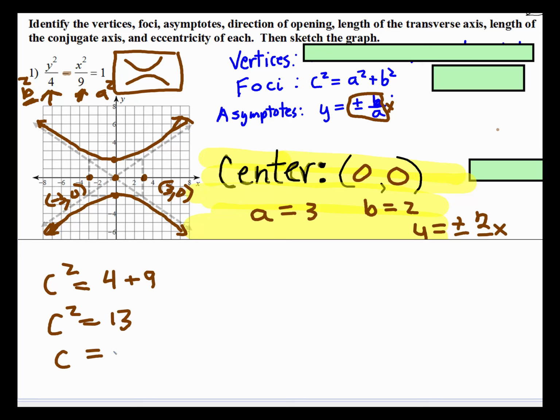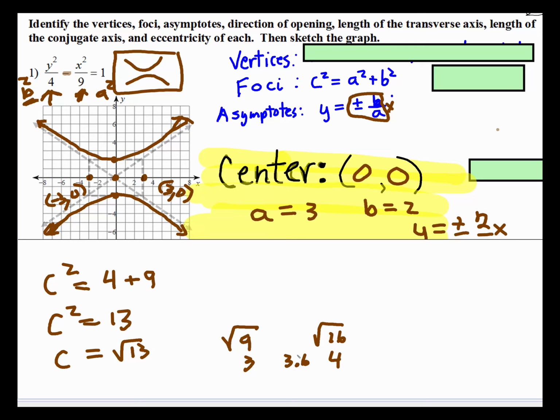When you take the square root of each side, let's think about that. The square root of 9 is 3, the square root of 16 is 4, and 13 is a little closer to 16, so it's probably about 3.6.